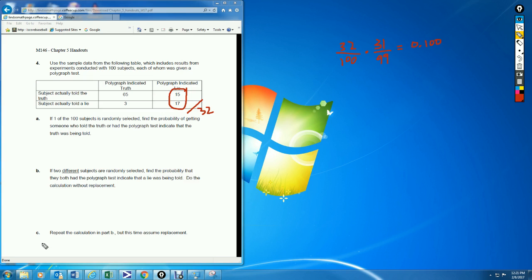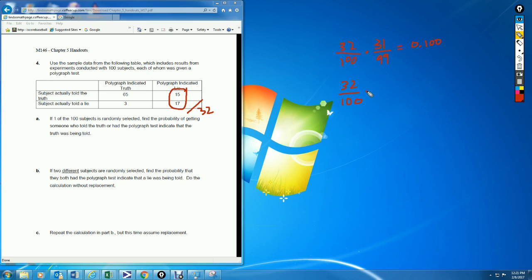And then part C is to repeat that, but this time assume replacement. So it starts exactly the same. There's 32 ways for it to happen out of 100. But then whoever it was that I selected, I put them back in the bag.